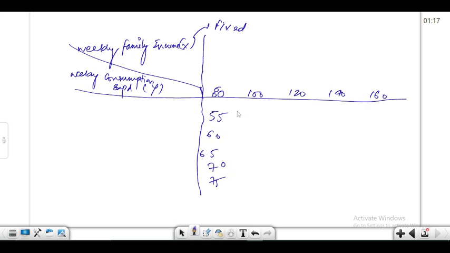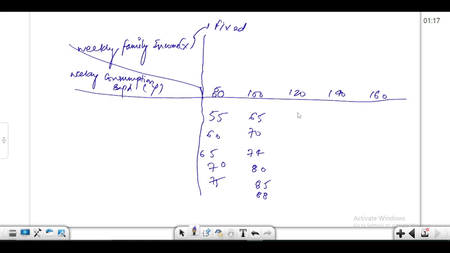Similarly, when we go looking for families with weekly family income of $100, the weekly consumption expenditure varies like this. There's a family with $65 consumption, $70, $74, $80, 85, and 88. Similarly, I have different values for each different level of weekly family income.